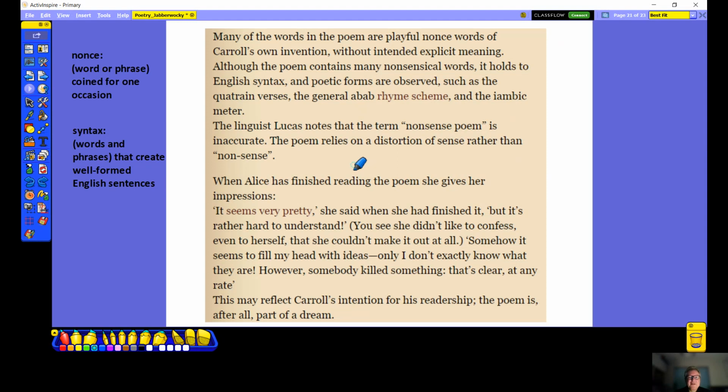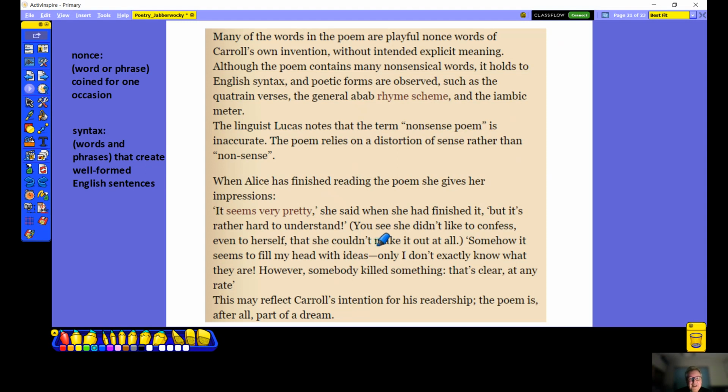it creates a story. Well, in the book, when Alice has finished reading the poem, she gives her own impression. And I wonder how closely your own impression resembles this. "It seems very pretty," she said when she'd finished it, "but it's rather hard to understand."